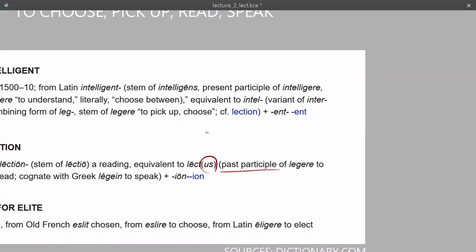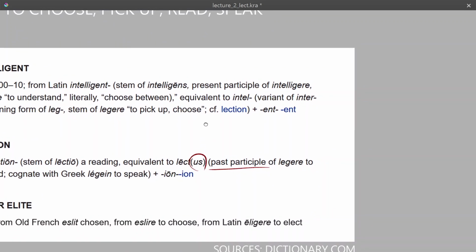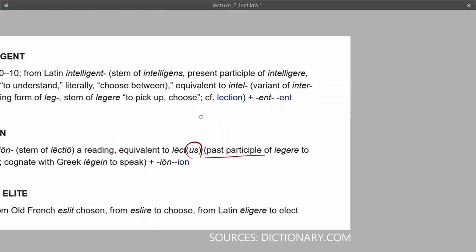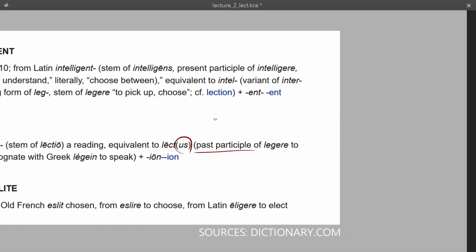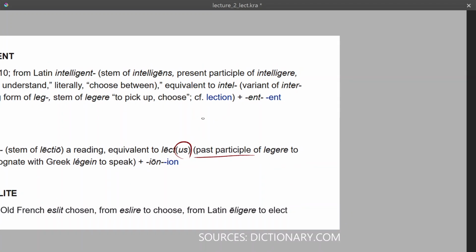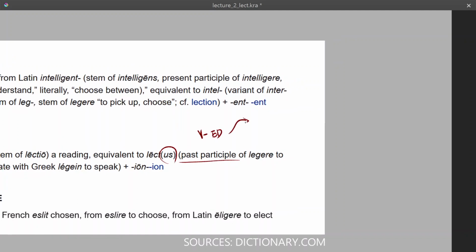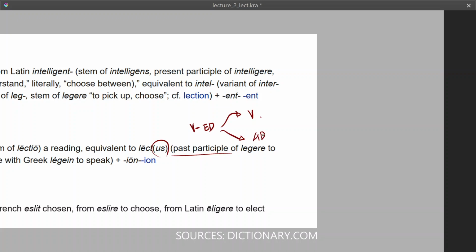So what's the past participle suffix? Let's begin with the past participle. A past participle is generally a verb followed by ed, and it could be used either as a verb or as an adjective.